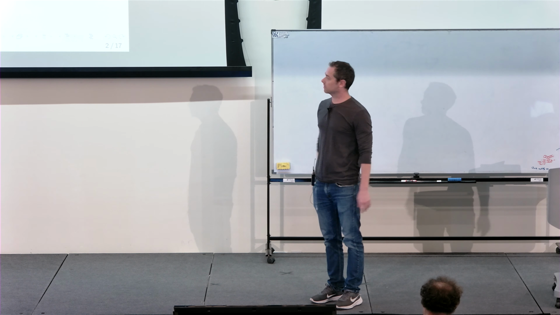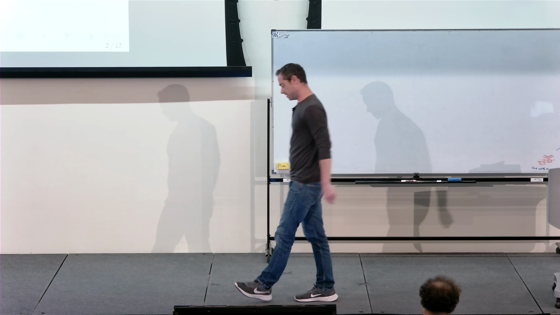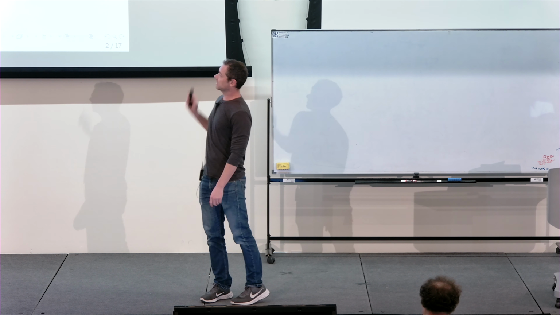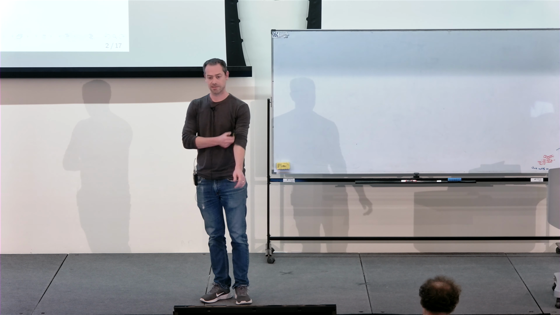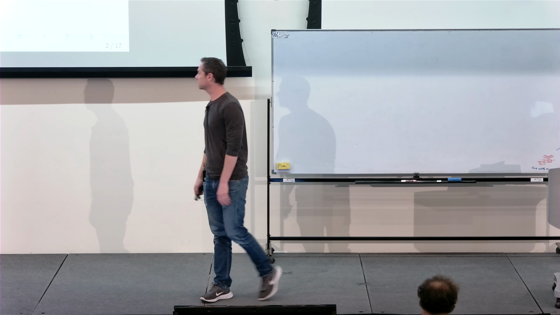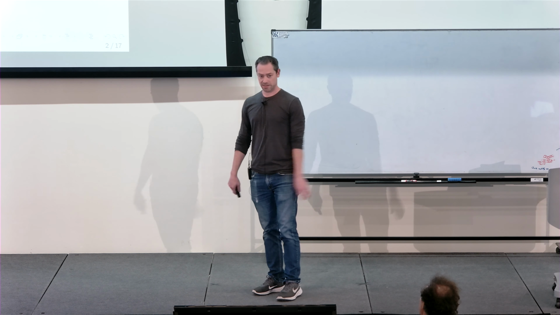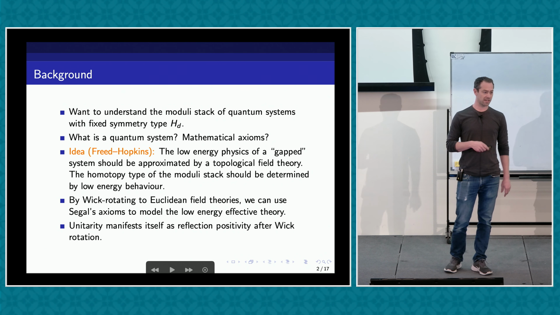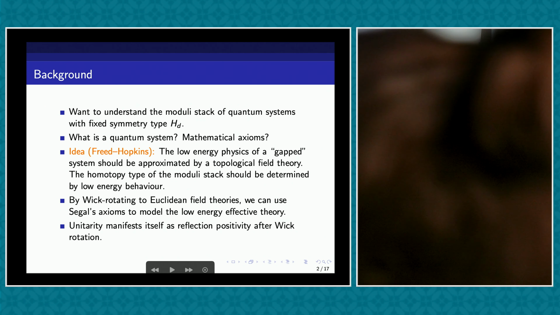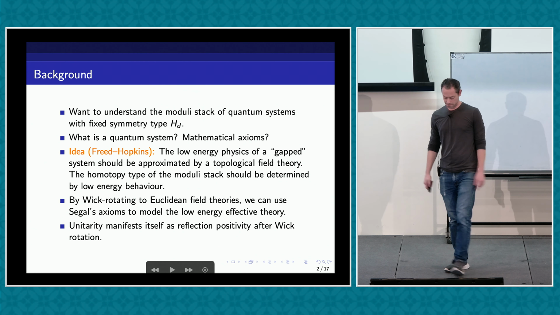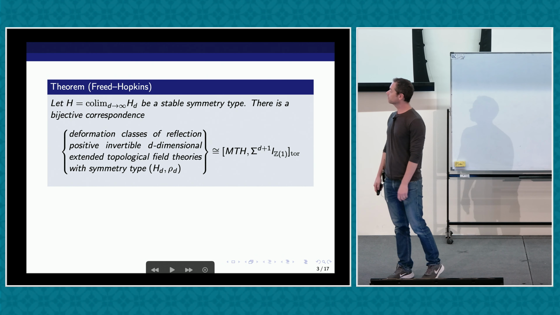That's the guiding principle that Freed and Hopkins worked with to compute the connected components of the moduli space, which they call the deformation classes of those quantum systems. In this setting, unitarity of the theory manifests itself when you Wick rotate as reflection positivity. I'm going to talk later about what reflection positivity is, but let me first give you their main theorem.